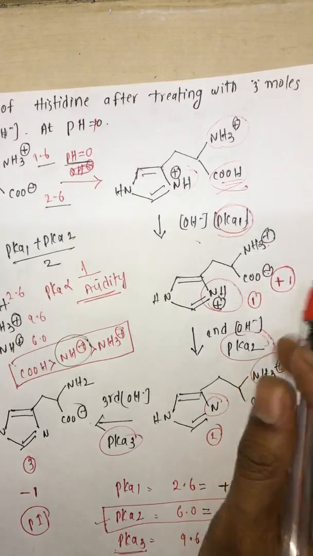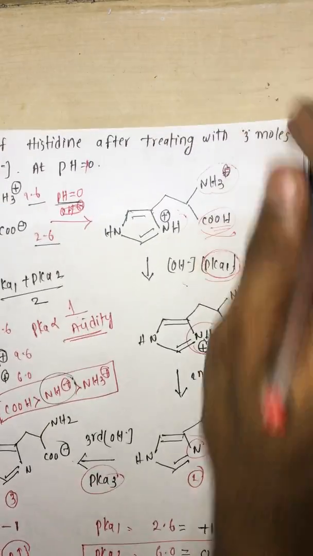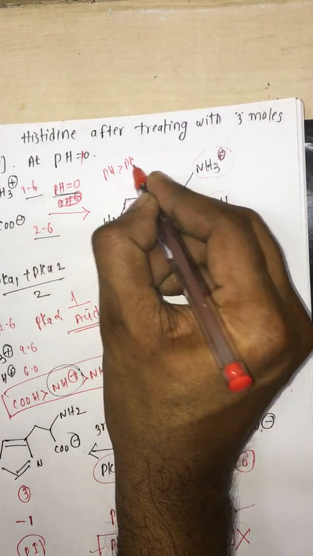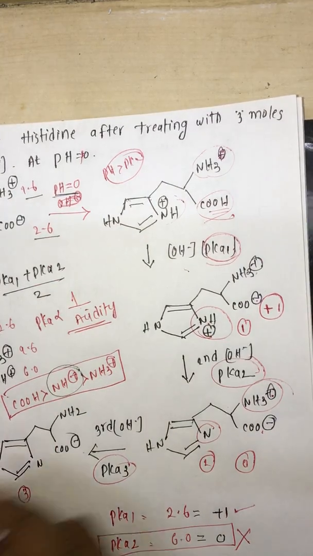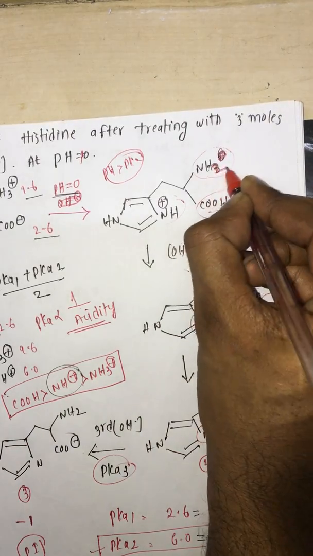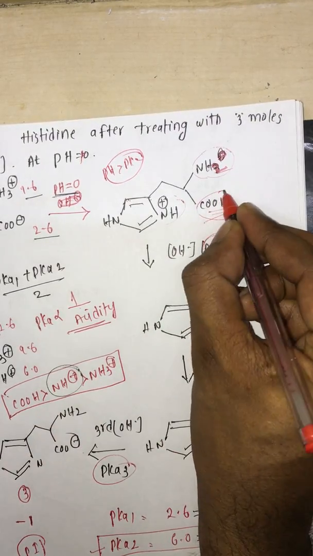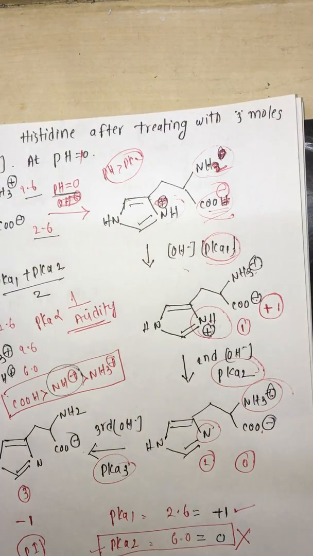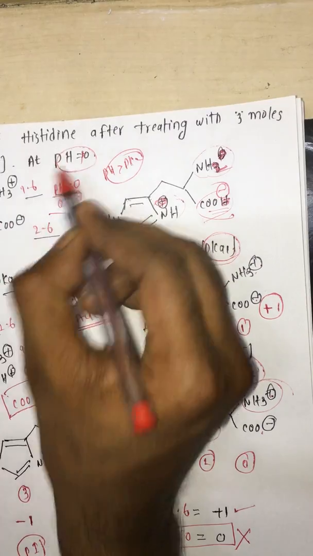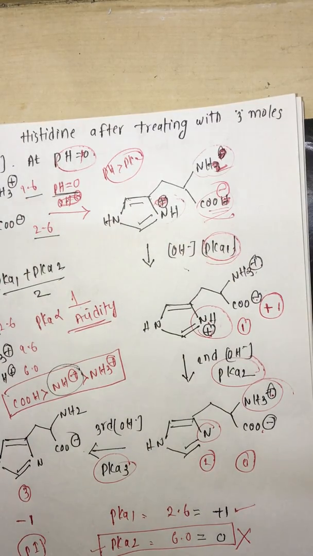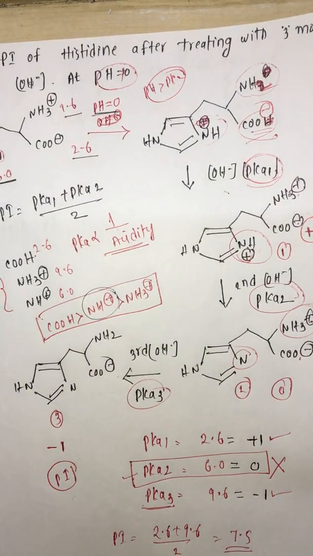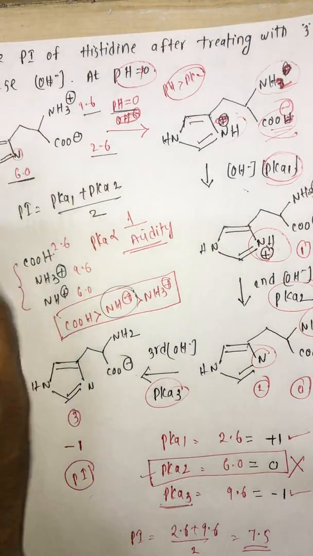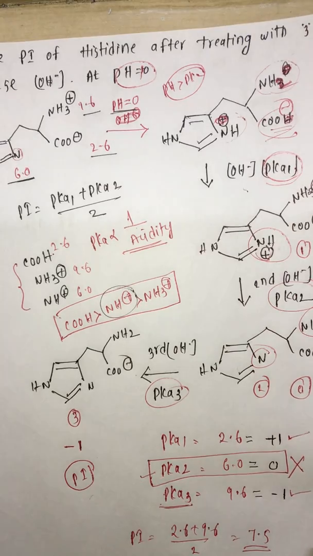The structure will look like this, deprotonation will take place because here pH is greater than pKa. So in all the cases deprotonation will take place, then it will become NH2, and then it will become COO minus, and this will become N, like this. So it depends upon at what pH they are asking. Okay, so this is the way to calculate the isoelectric point when they ask this kind of questions.